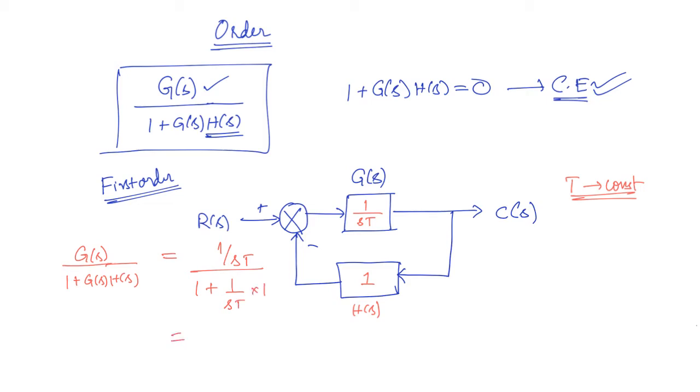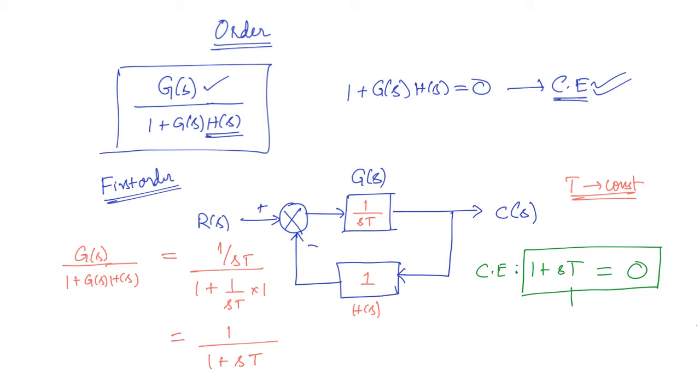So what will we get here? 1 by 1 plus sT. Now what will be the characteristic equation here? The characteristic equation is given by the denominator of the transfer function, 1 plus sT is equal to 0. You can see that the order of this equation is 1.